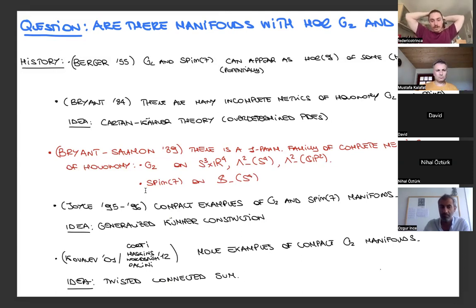The following examples of G2 manifolds that we know are due to Kovalev, Corti, Haskins, Nordström, and Pacini, and they constructed more examples by the so-called twisted connected sum construction that I'm not going to recall.